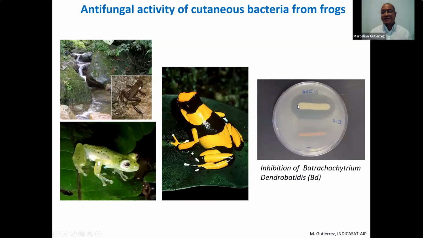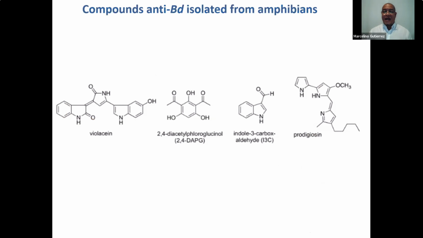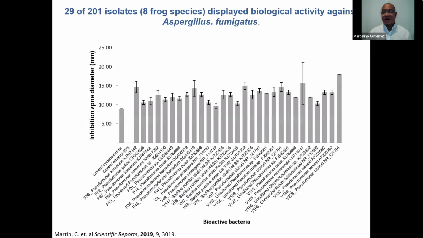So we decided to take a look at the amphibians from Panama to see if we observe the same pattern. We did a little search and found that only 4 compounds at that time were published with activity against the chytrid fungi. This is a completely unexplored area to study.